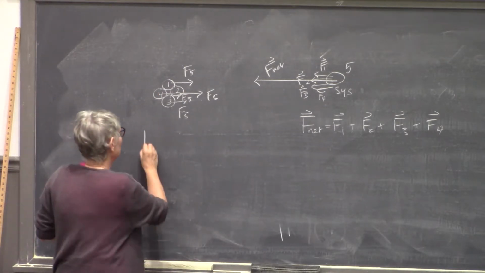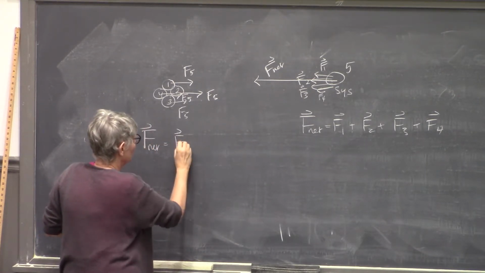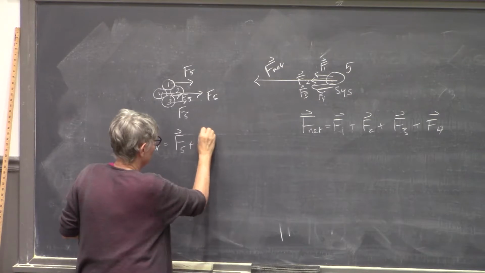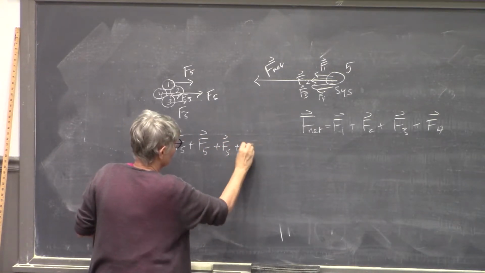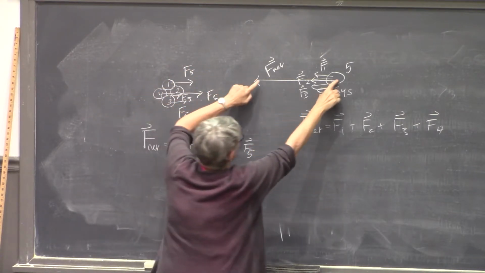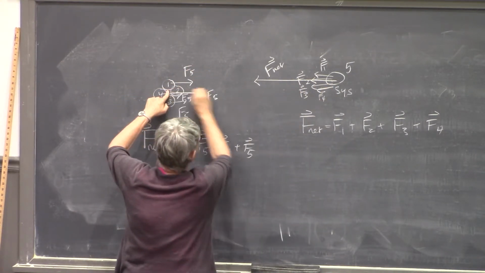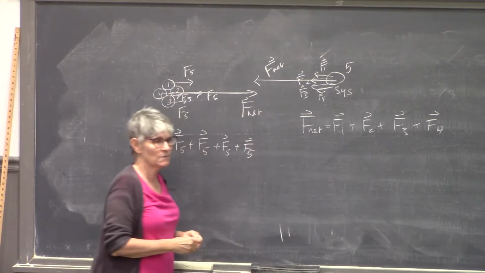So we got F net is F5 plus, and so we get 1, 2, 3, 4. We get a force that's equal and opposite.